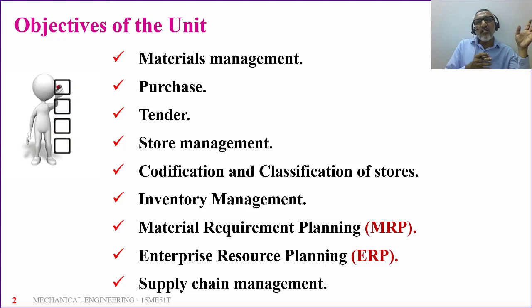That is, not only production is important, what is produced should reach the end point in a systematic way so that there is no surplus, excess of material in one place, and at the same time there should not be shortage of the material. So this supply chain management itself is a big issue that we'll be discussing in this unit. So this is a broad overview of the content which we'll be discussing in this unit.